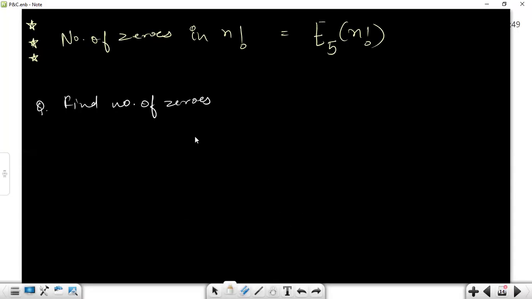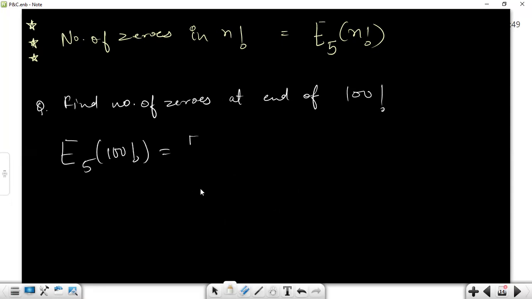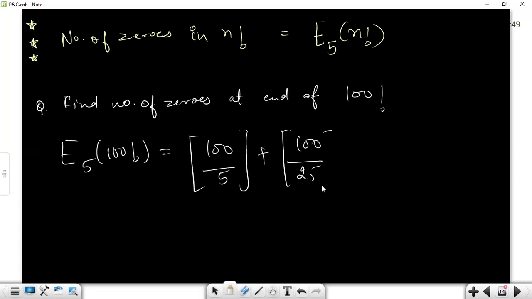If we have to find the number of zeros at the end of, let's say, 100 factorial, we'll find the exponent of 5 in 100 factorial using the same method. 100 divided by 5 plus 100 divided by 5 square, that is 25, plus 100 divided by 5 cube, that is 125, and that is when the numerator is less than the denominator.